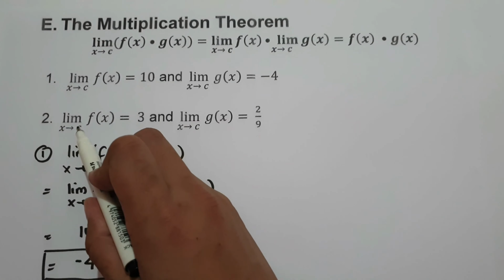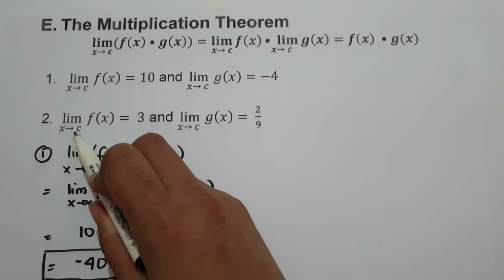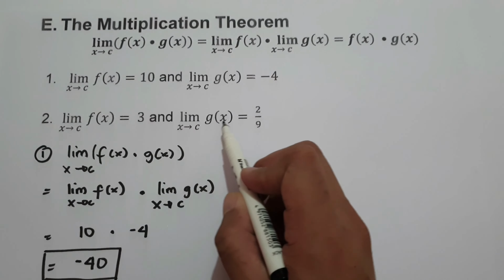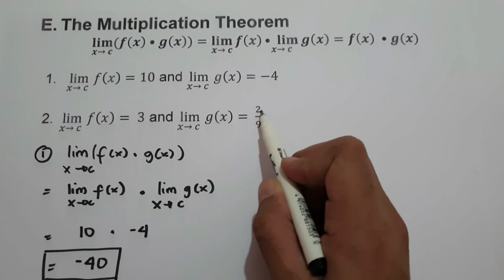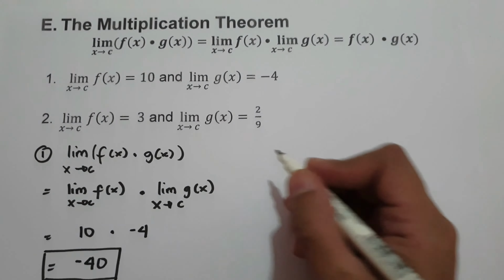So the next one is the limit of f of x as x approaches c is 3, and the limit of g of x as x approaches c is 2 over 9. So let us have the limit of f of x multiplied by g of x as x approaches c. So let us have the limit of f of x as x approaches c multiplied by the limit of g of x as x approaches c.